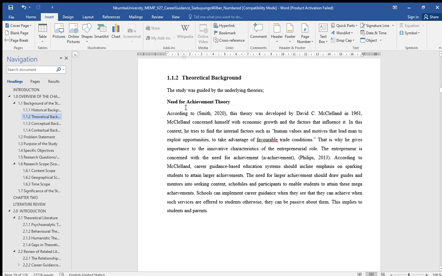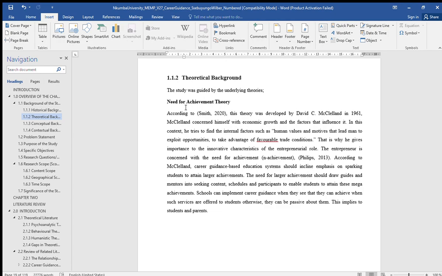Now, that's why this one said a career guidance-based education system should incline emphasis on sparking students to attain larger achievements. Are you seeing how he's using the theory to defend that he needs career guidance? The need for larger achievements should draw guides and mentors into seeking contents and schedules and the participants to enable students attain the mega achievements.